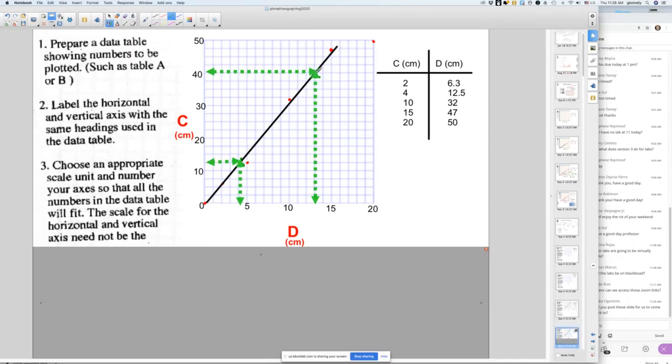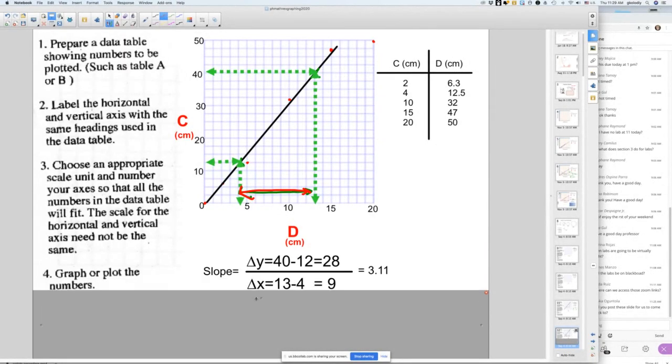All right, so these are the 2 points I chose. The run, what we call delta x, is approximately 13, this is 13 over here, minus 4, so delta x is 9.